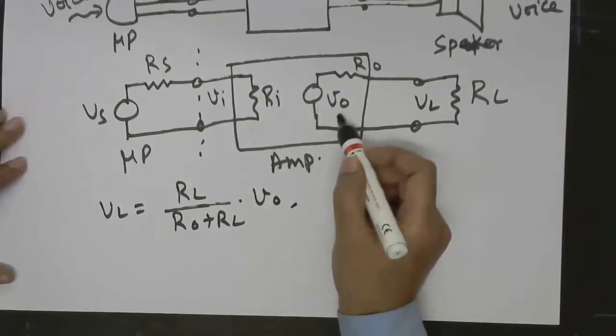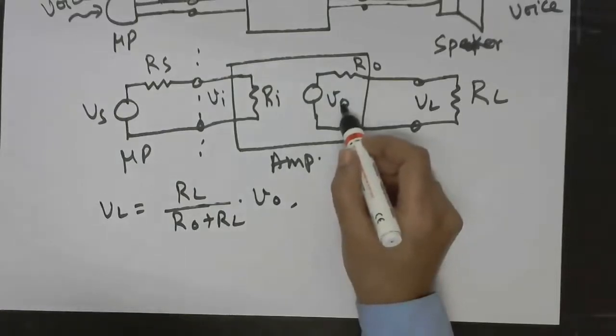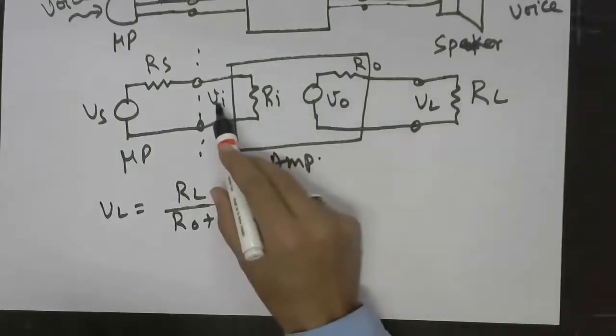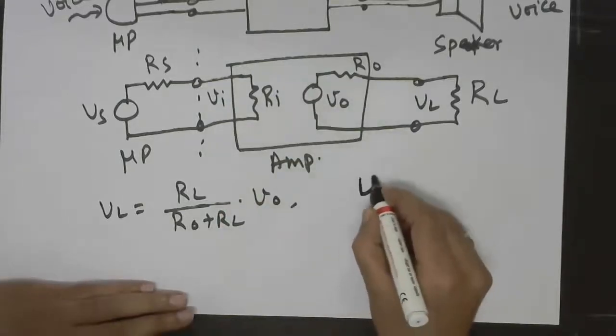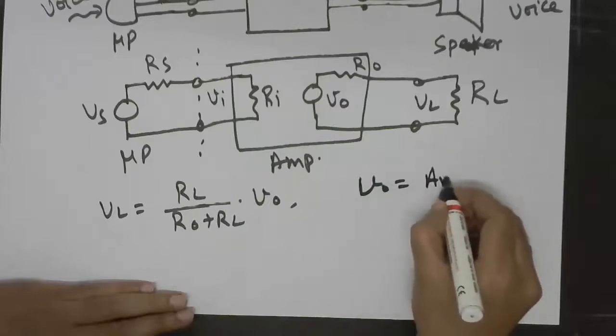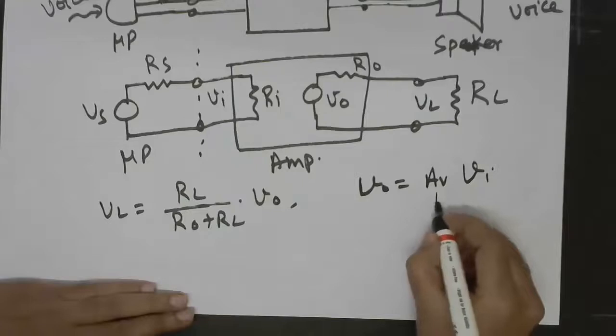Now what we want, that there should be a linear relation between this output voltage and the input voltage that it senses. So what we want is this kind of relation: VO equals a constant AV, multiplied by the input voltage.